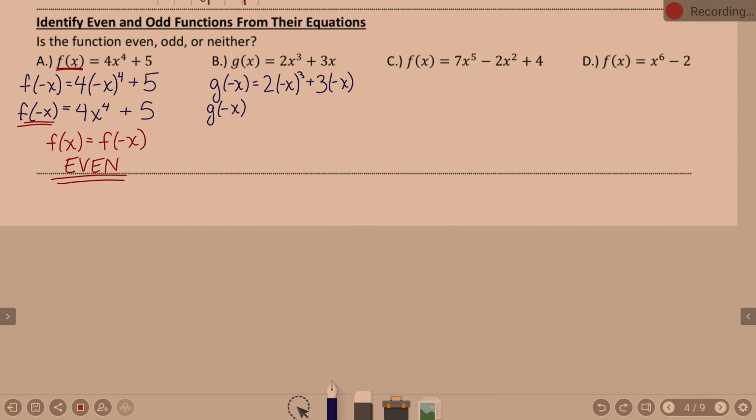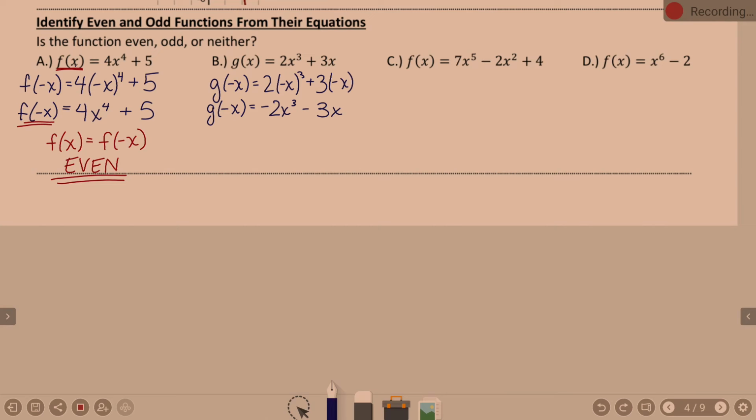It's going to be a negative. So negative x to the third times 2 makes this term negative 2x to the third, because I took that x and raised it to an odd power. What is 3 times negative x? Negative 3x.